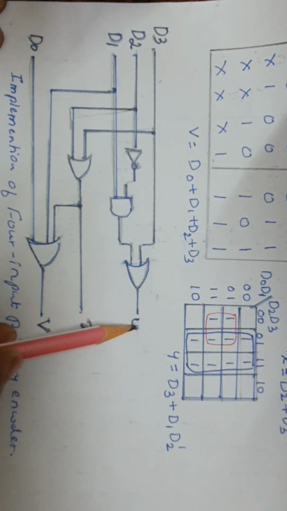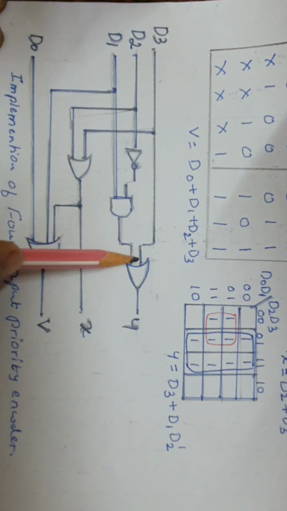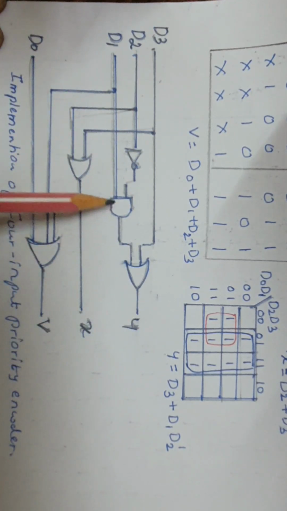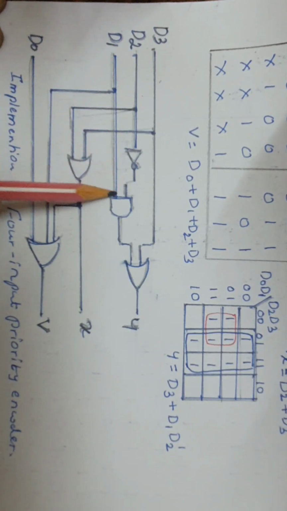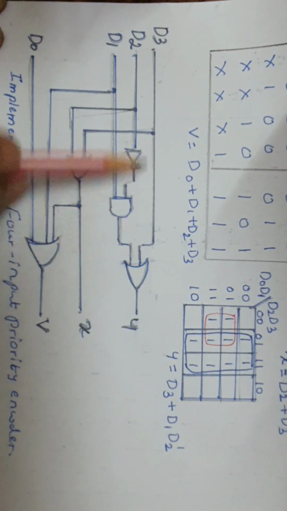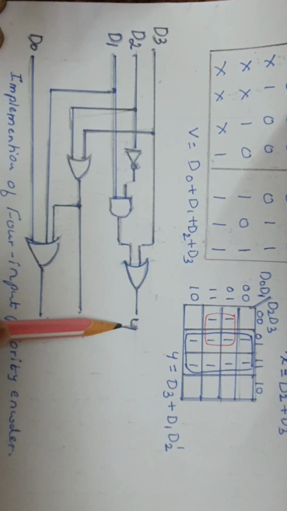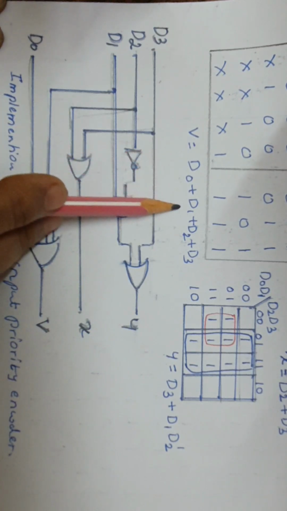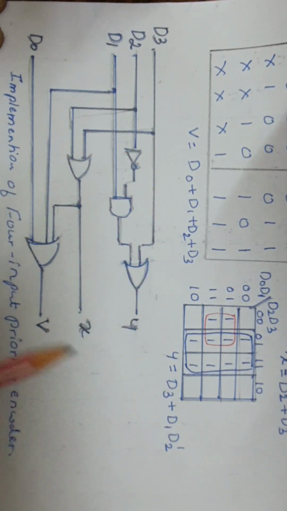So here for Y, we have taken D3. Next, it is to be ORed with D1, D2 dash. So D1 is coming, D2 dash is coming, both are ANDed, and this is ORed with D3, that is equal to Y. V is D0 or D1 or D2 or D3.